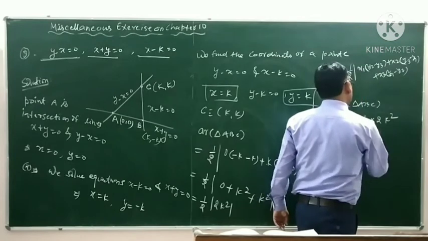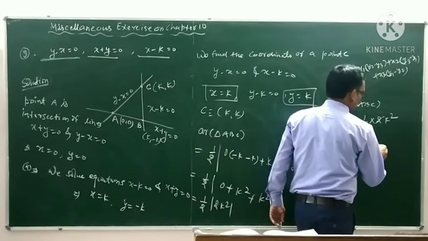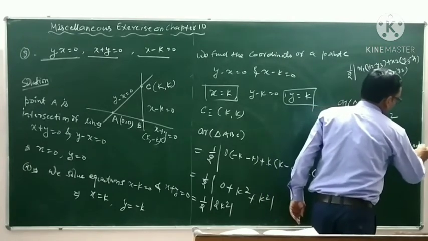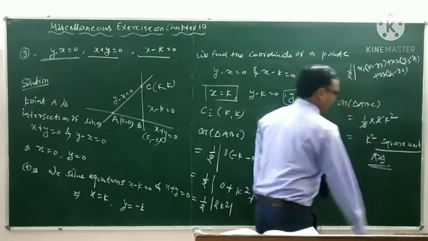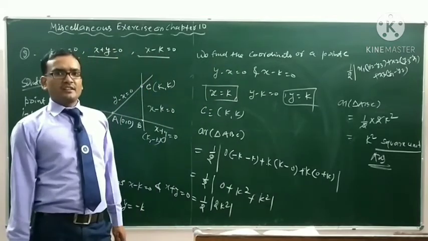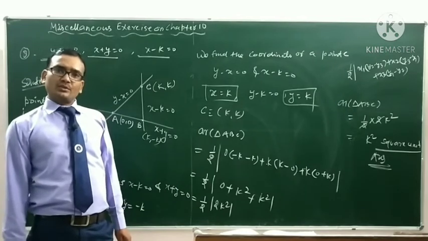This implies that 2 will be cancelled. k square unit, which is your answer. The area of the triangle ABC is k square unit.